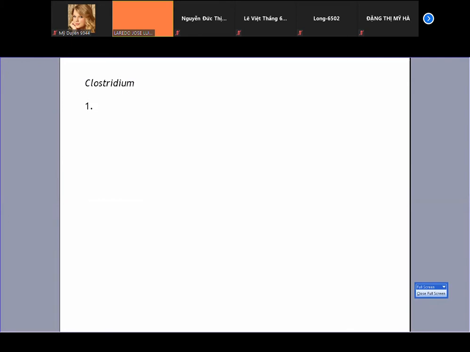Clostridium, all of these species that we are going to study today live in the environment. Like Bacillus, if you remember. Clostridium produces endospores, like Bacillus.